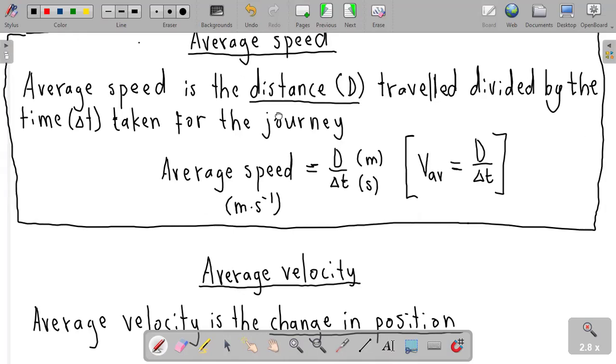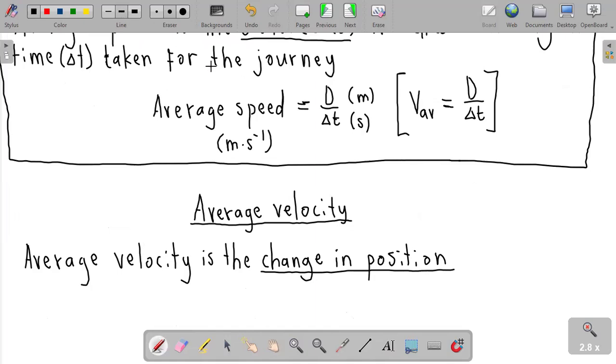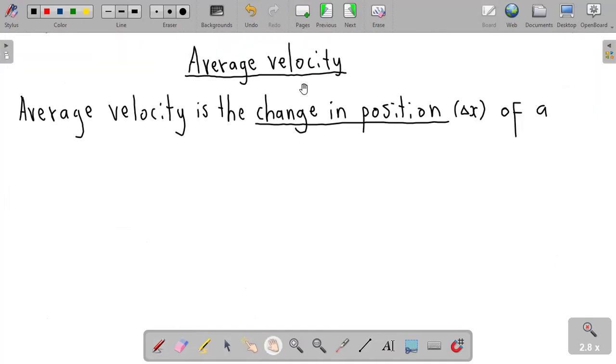You should notice the difference. Average velocity is the change in position, delta x, of a body divided by the time.